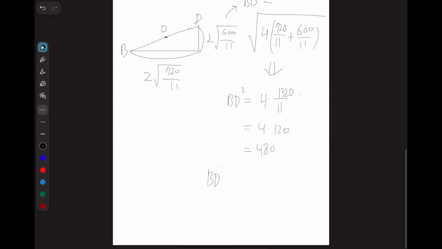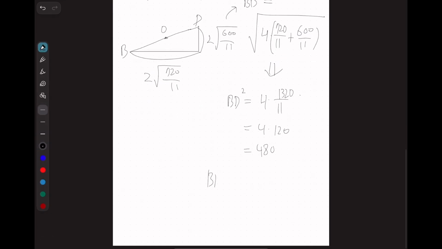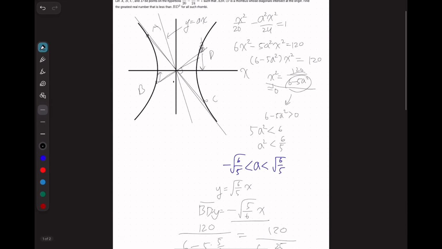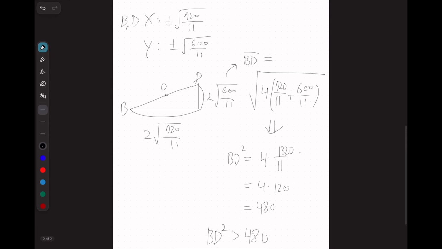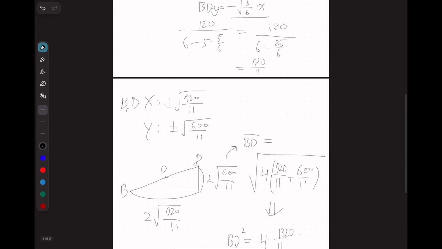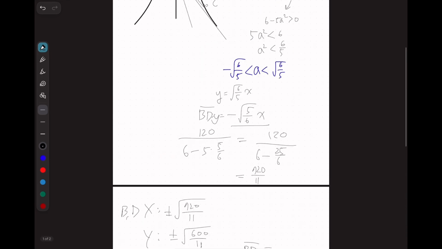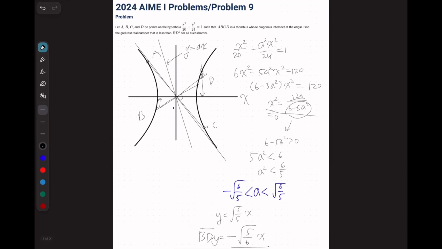Therefore, BD squared is bigger than 480, since we set the slope of AC as something that we cannot reach. Therefore, the greatest number that is less than BD squared for all such rhombi is 480. So the answer is 480.